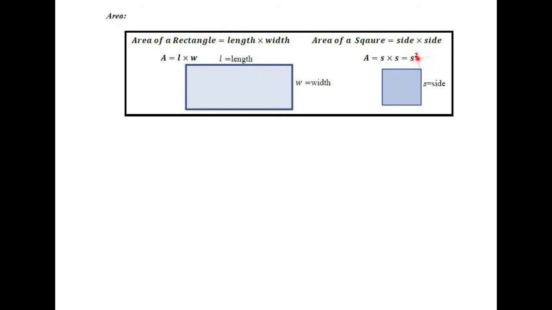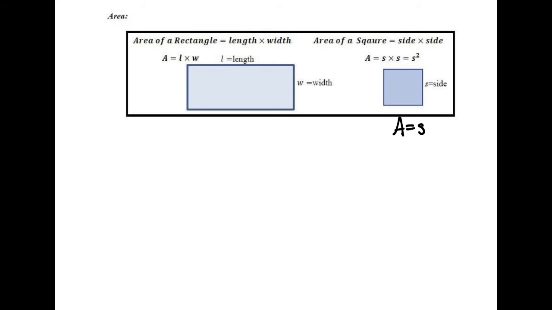And since exponents are repeated multiply, we could write it as an exponent instead. So area is equal to side squared. Or it is also a rectangle, so you could just say length times width. So there's the length, there's the width. It's the same thing.